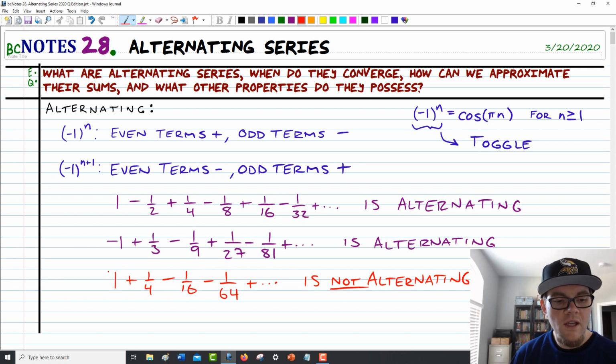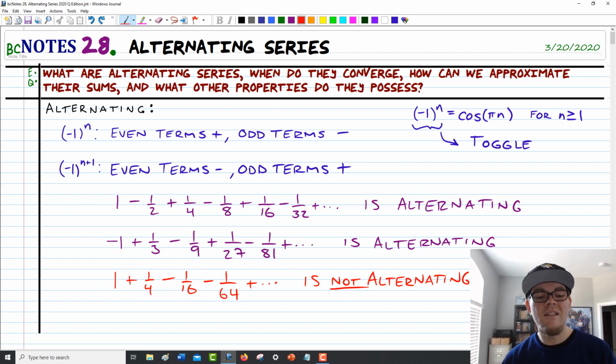And the reason is, look at our signs. We go positive, positive, negative, negative. That's just not good enough. That's a different pattern. We'll be able to analyze that pattern a little bit by the end of the lesson and talk about that idea of something called absolute convergence. But that's not an alternating series. So unfortunately, we have to be really careful to make sure it's there.